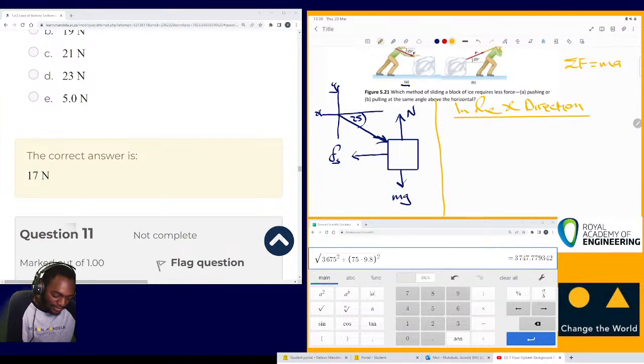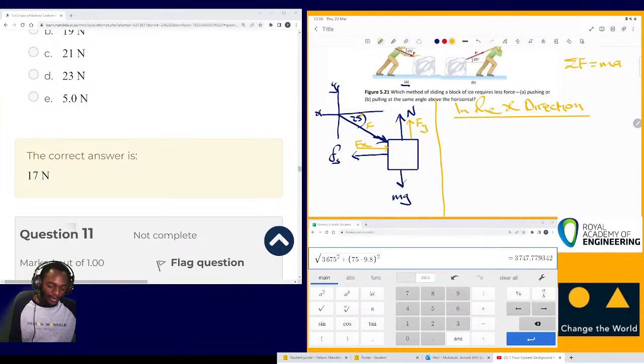This force F is pushing at an angle of 25 degrees, which means we're going to resolve it in the y and also in the x. So this is going to be Fy, and this is going to be Fx.